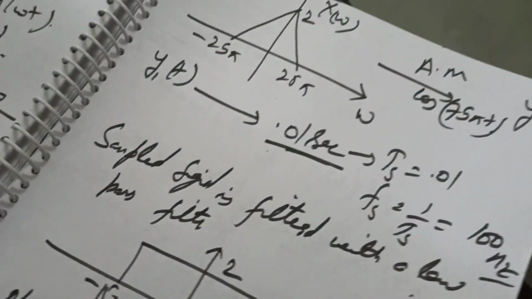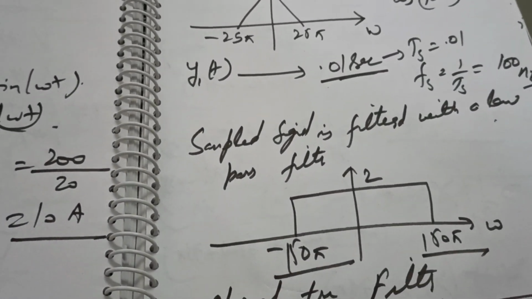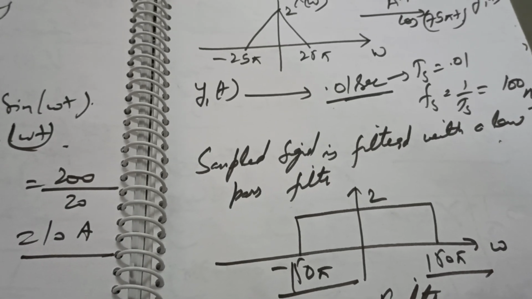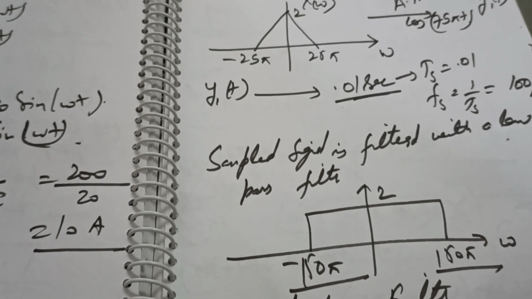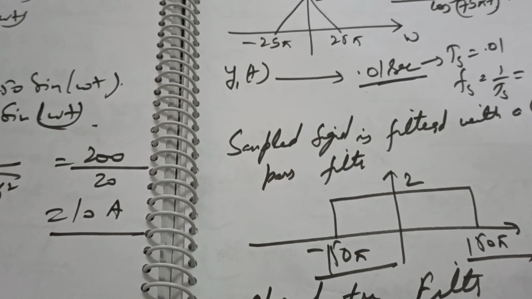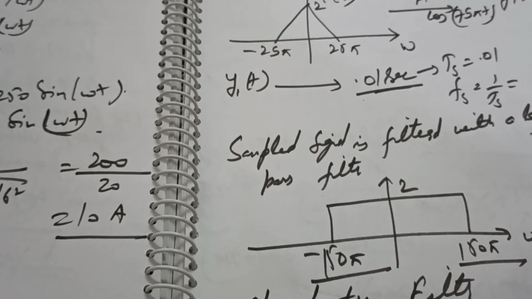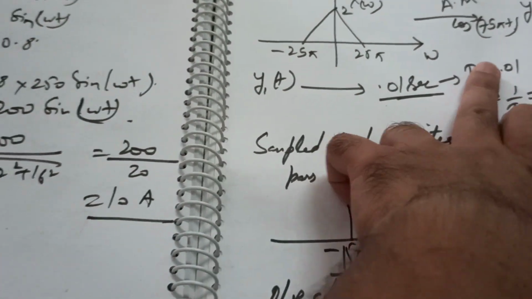Now I am moving on to the next module. In that I have discussed some very good problems, so I would like to have your attention. Just have a look at this. This is a simple problem. X omega is given. Now this x omega is amplitude modulated, that is, AM is carried out, by multiplying with cos 75 pi t.